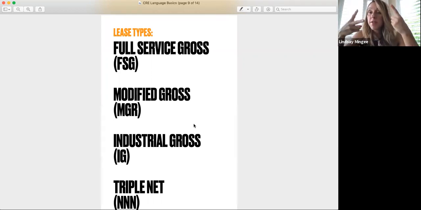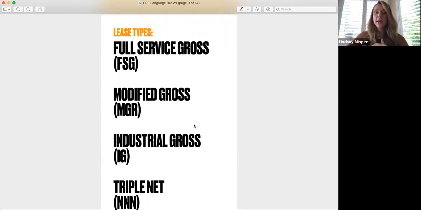You pay for two of the big five, your electrical costs and your janitorial costs, right? And then the landlord is typically going to charge you something called a CAM. And I'll talk about that in a second. It's another minimal fee. It's usually 3 to 5 cents per square foot. So that is another fee that's often charged on top of rent, utilities, and janitorial in an industrial gross lease. And we'll talk about that in a sec.